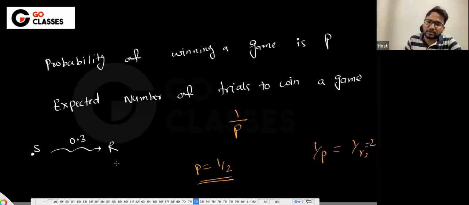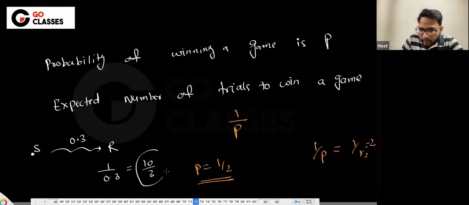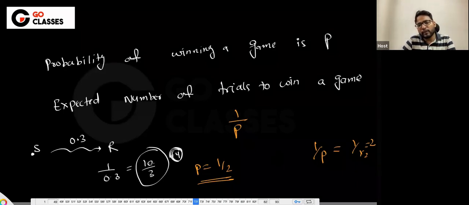You need 1/0.3, which is 10/3. So on average, this many packets you need. If the number of packets must be an integer, then you will say 4. So in 4 packets, at least 1 packet will get delivered.